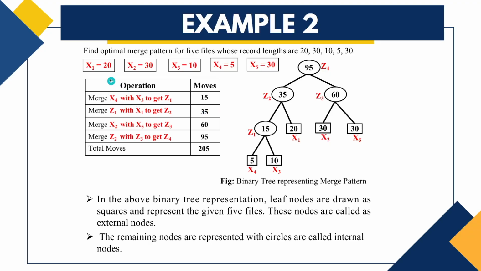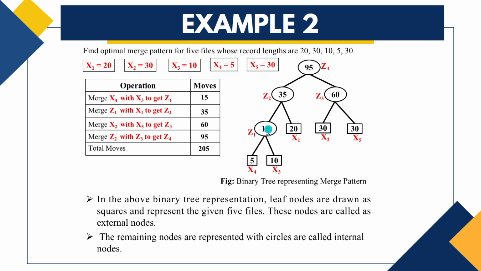Here we have one more example where I have considered 5 files with different numbers of records. You could see that we have started merging from the files with minimal number of records, in our case x3 and x4.